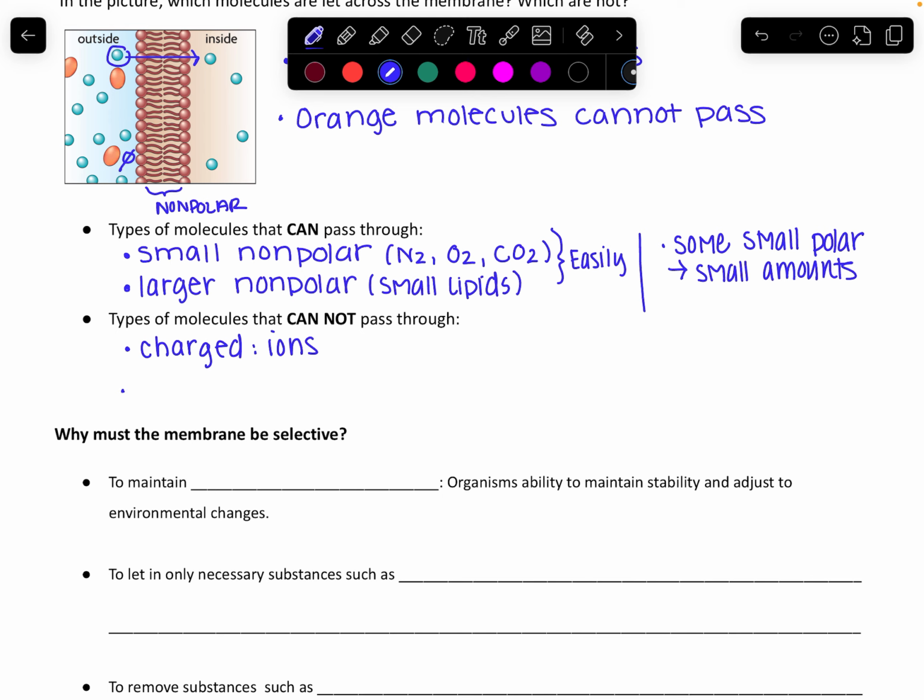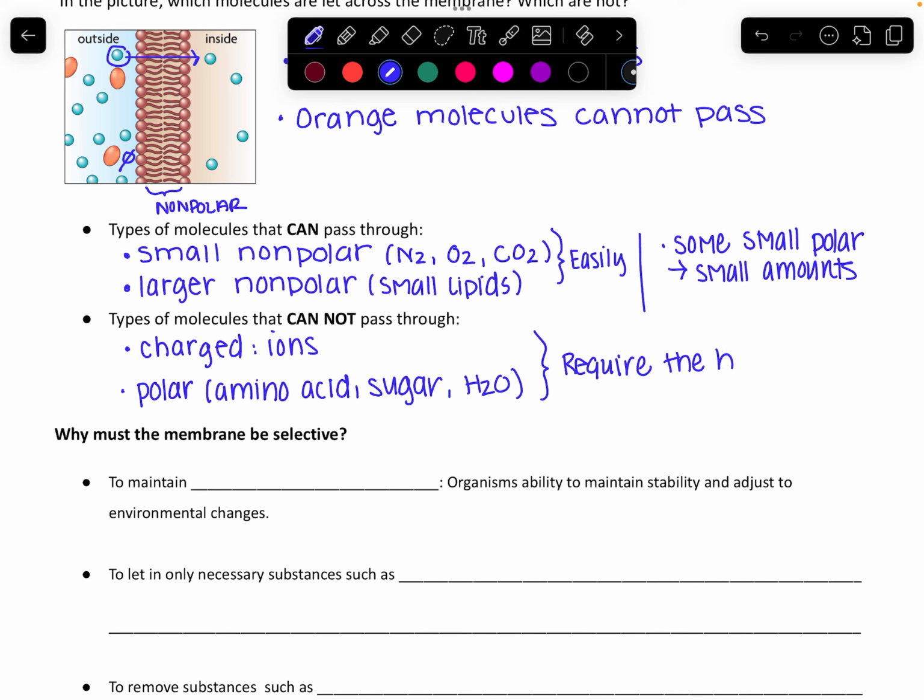And most polar molecules, like an amino acid, or a sugar molecule, or even water, need help too. Those things can't pass through fast enough to support life. So these types of things would require the help of a transport protein, or I'm going to call it a protein channel, and we'll talk more about those in a little bit.